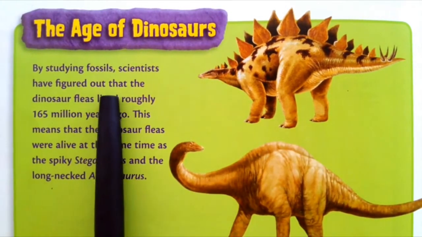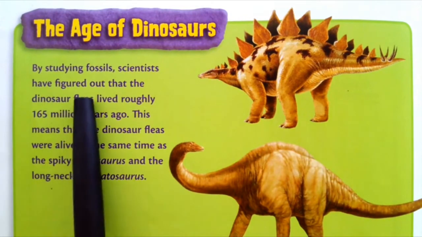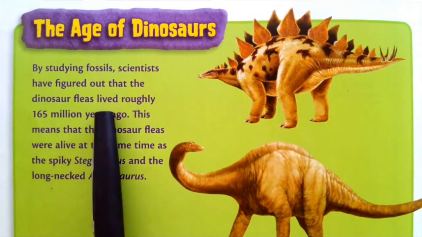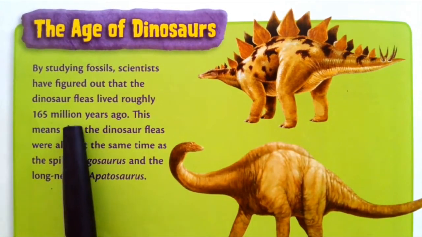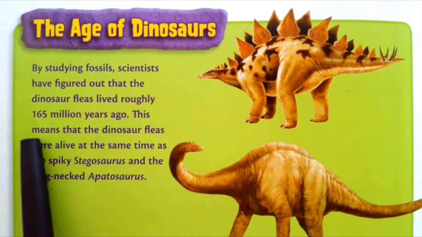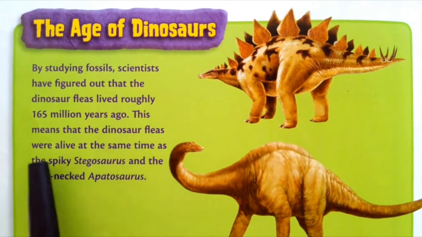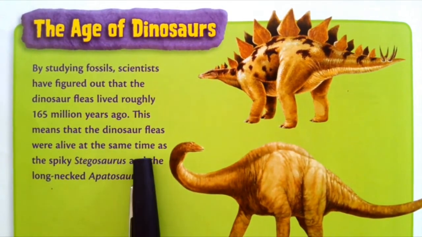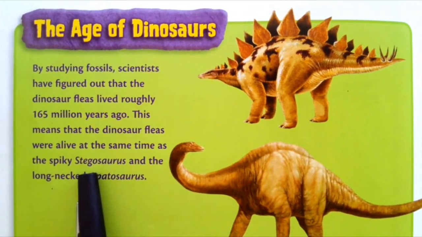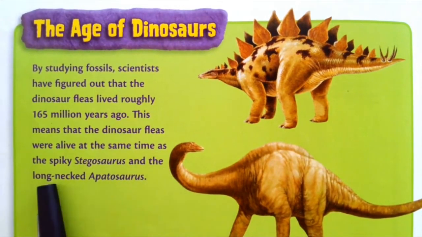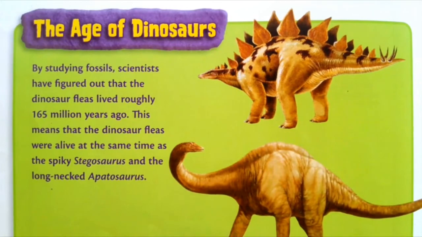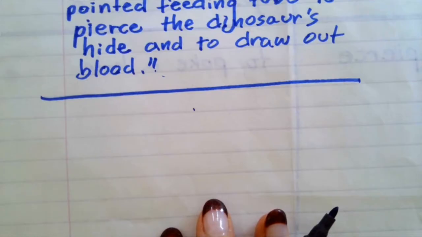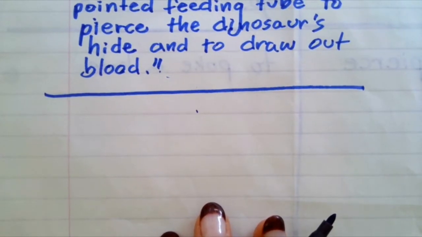By studying fossils, scientists have figured out that the dinosaur fleas lived roughly 165 million years ago. This means that the dinosaur fleas were alive at the same time as the spiky Stegosaurus and the long-necked Apatosaurus. Let's write down this important detail.